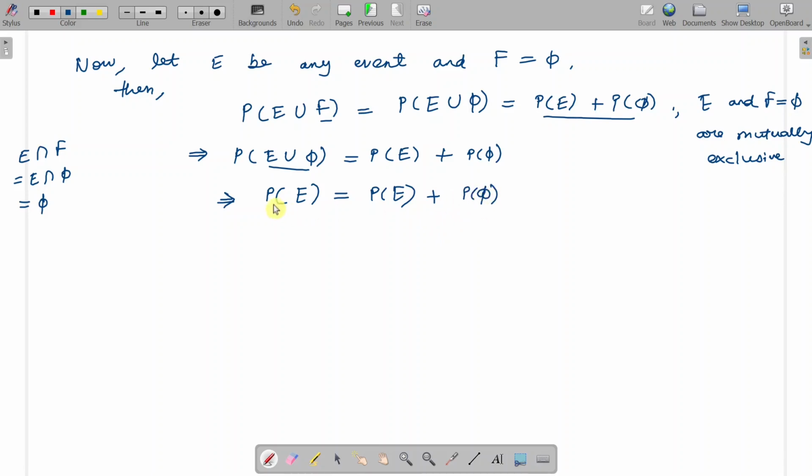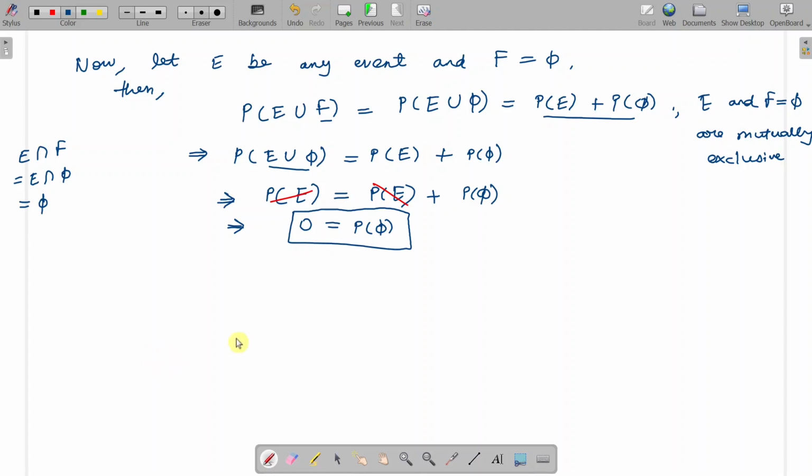Now E union empty set is what? Any set union the empty set is the set itself, that is E. So probability of E equals probability of E plus probability of empty set. Now probability of E gets cancelled, and we have 0 equal to probability of empty set. So the probability of the empty set is 0. We have found this out by the axiomatic definition of probability.